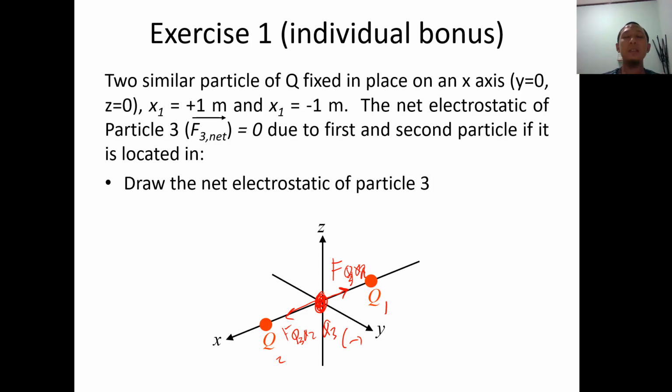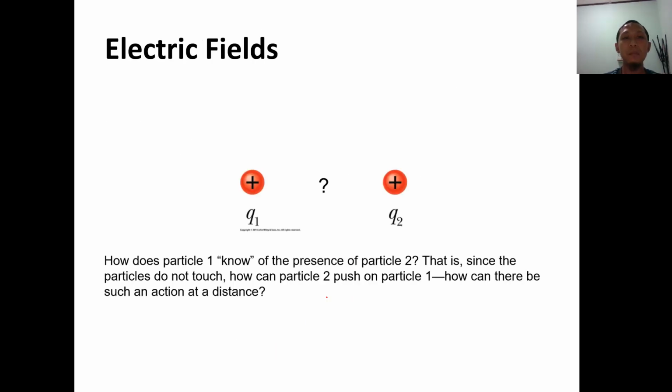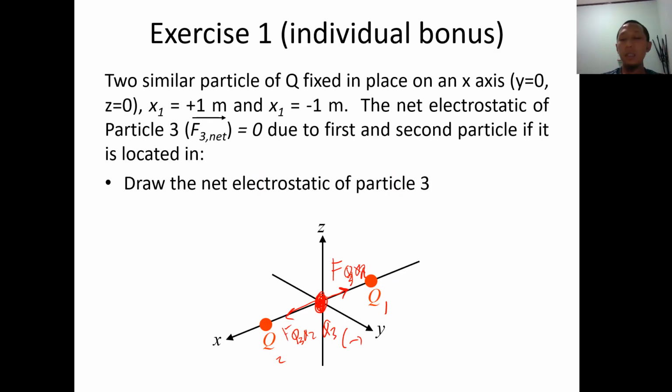And also, if the charge of Q3 is positive, as long as the position of Q3 is in the middle, or in the center of the Cartesian axis, the total electrostatic force must be 0 also. So this is the answer to this problem. Okay, maybe this is it for the electric charge. Thank you very much.